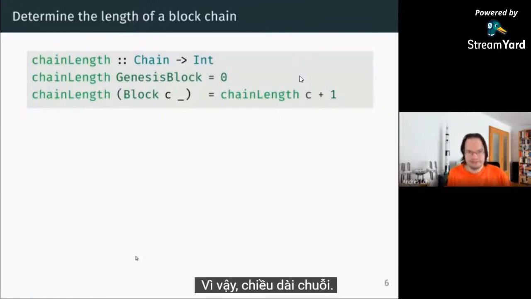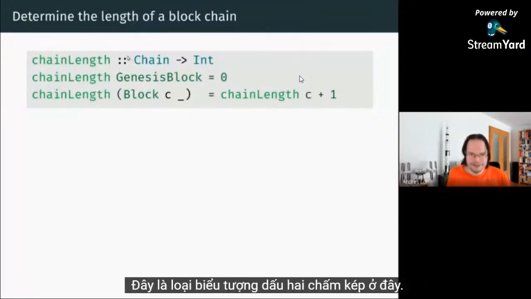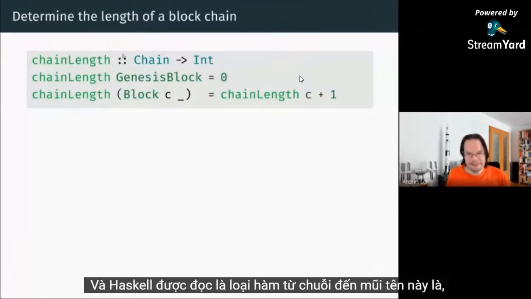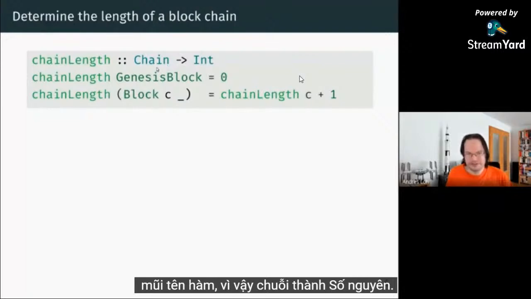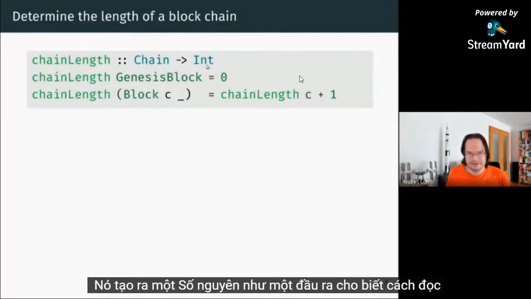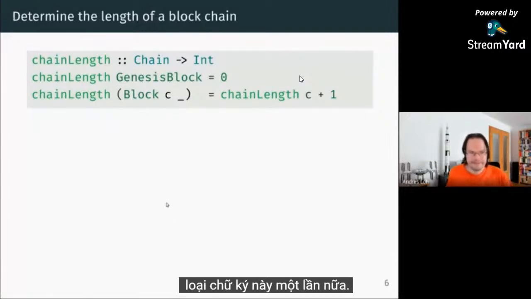So chain length is of type, this double colon symbol here in Haskell is read "is of type", a function from chain to, this arrow is the function arrow, so chain to integer. So it takes a chain as an argument, it produces an integer as an output. That is how to read this type signature.